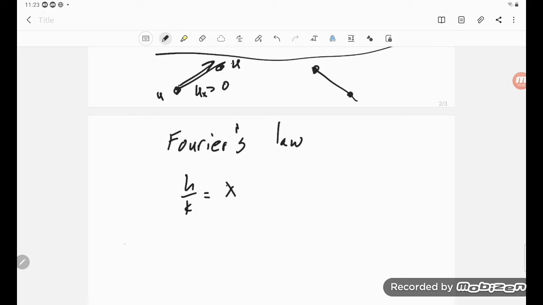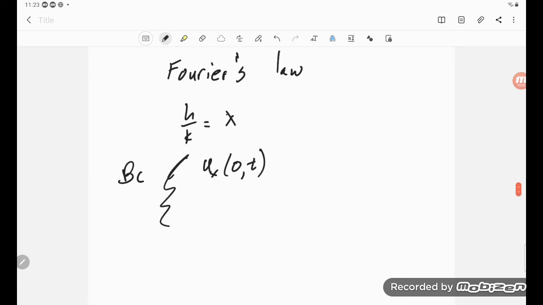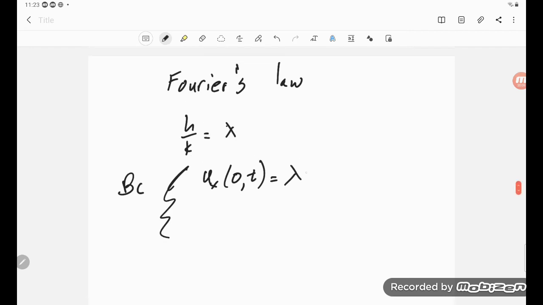lambda. And so our boundary conditions are that, and I'll add the t in now, the partial with respect to x at x equals 0 and time t is equal to lambda times u at 0 and t minus g1, which could be a function of t.